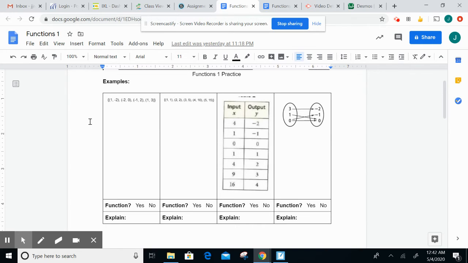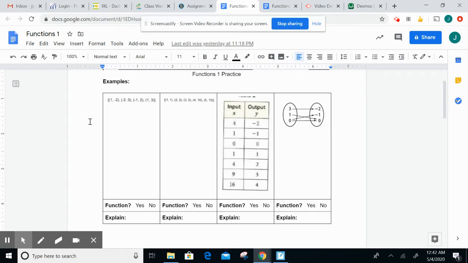A function is when our machine only gives one number for the number we put in. As in, if I put in a 1 and it gives back a -2, every time I plug in a 1, it has to bring back a -2. Every time I plug in a -2, it gives me a 0 every time. If there's a repeat of an x with a different y, it's not a function.